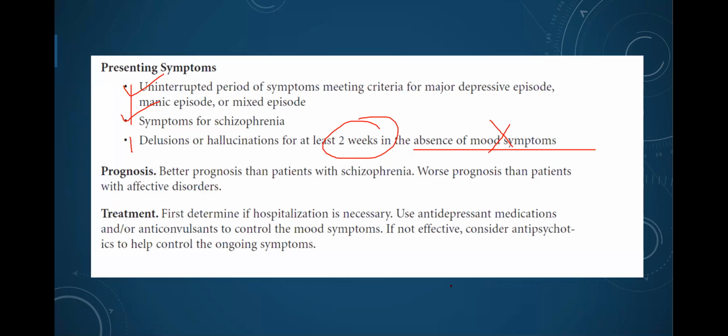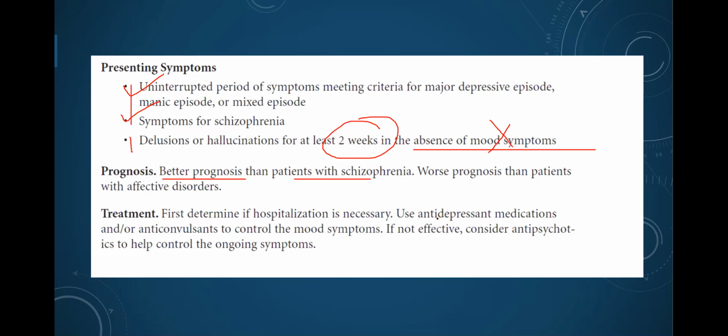Now, which one is worst? Schizophrenia alone or schizoaffective? Remember, schizoaffective has better prognosis than schizophrenia. Now, if this patient has active hallucination or delusion, that patient needs to be hospitalized.